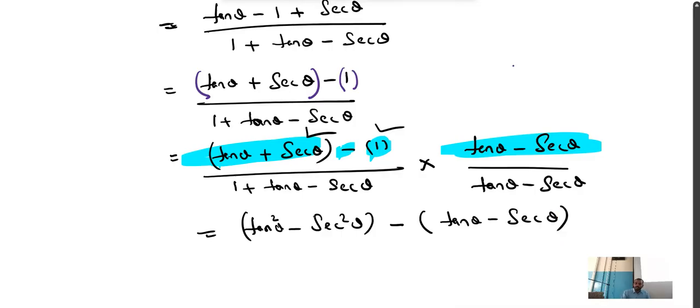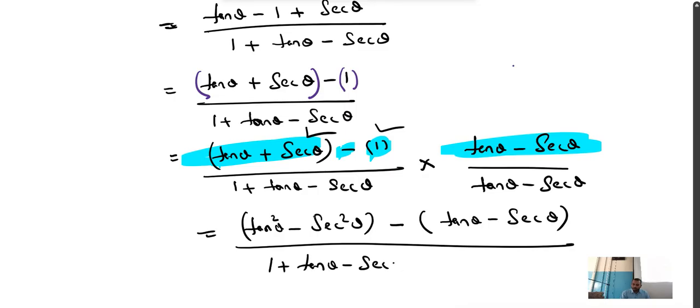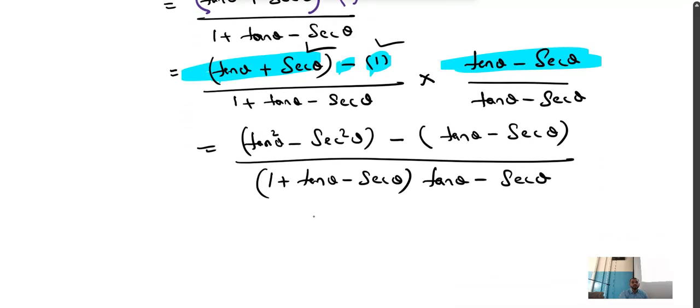Yeah. Now what is the denominator? 1 plus tan theta minus secant theta into tan theta minus secant theta is the denominator. Clear? Now what is left out here?